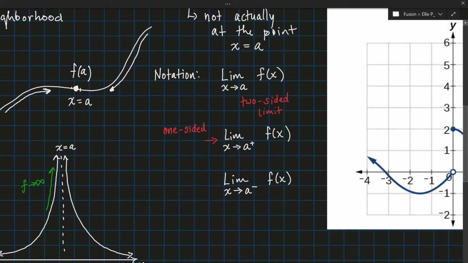Okay. So this one-sided limit on the positive side means that it approaches from the right. So as we defined it before, the limit, that is the two-sided limit. This one here where it approaches from both sides.